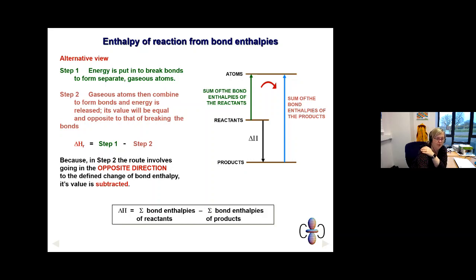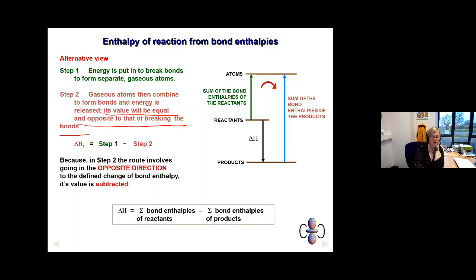And this is really important that you appreciate this. The energy for breaking a bond and making it is the same. Okay, the values aren't any different. So because in step 2, the route is going in the opposite direction, and this is where the clockwise and anti-clockwise element of what I was saying comes into place, its value is therefore subtracted.